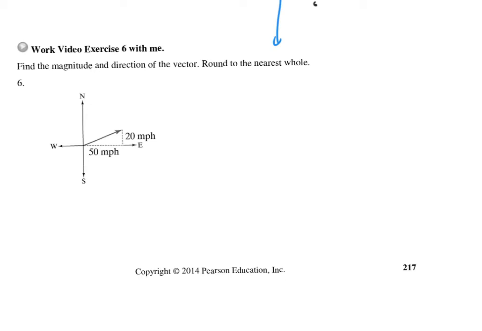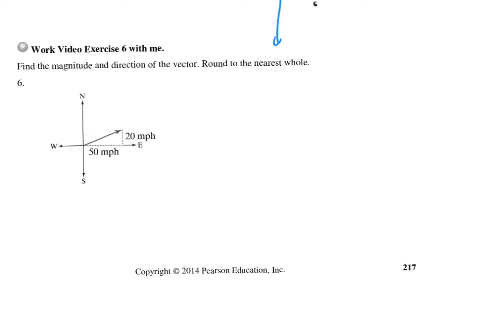All right, so here we are going to go ahead and look at number 5. We're going to use that vector A has components 6, 1, and we're going to find the magnitude of A. Keep in mind that the magnitude of a vector is the distance from the initial point to the terminal point.